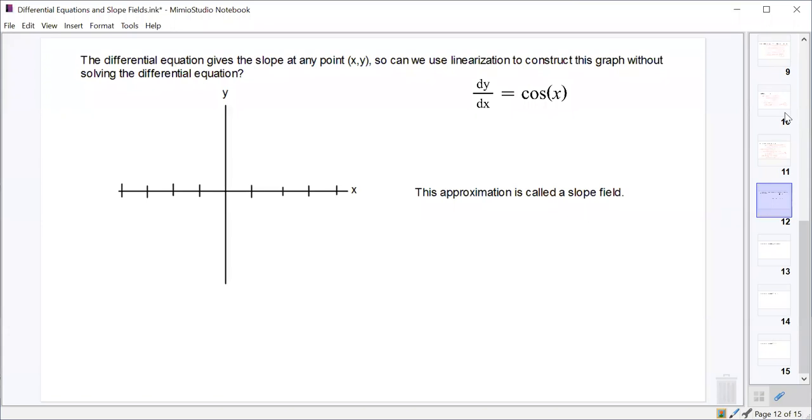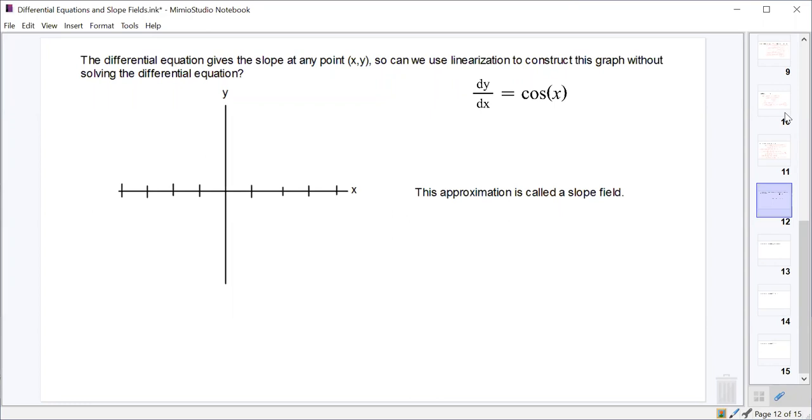And so if we can just sketch little tiny pieces of what that slope looks like on little tiny intervals, then we should have a general idea of what the graph of the solution to the differential equation looks like. And so we're going to start off trying to do this with one that we know.